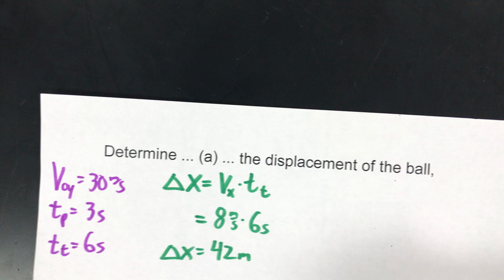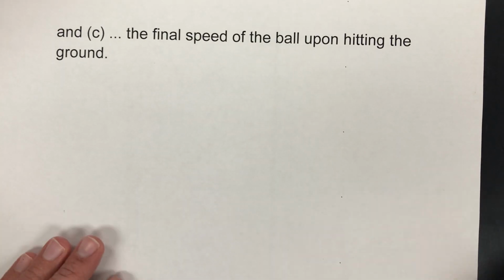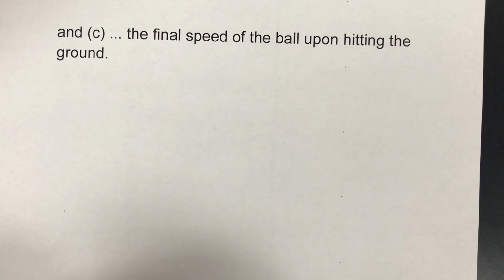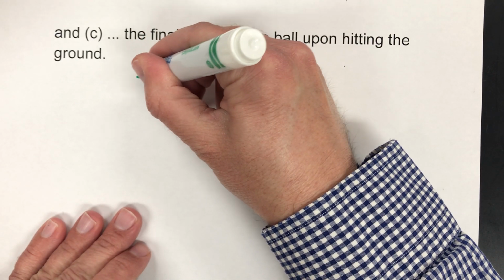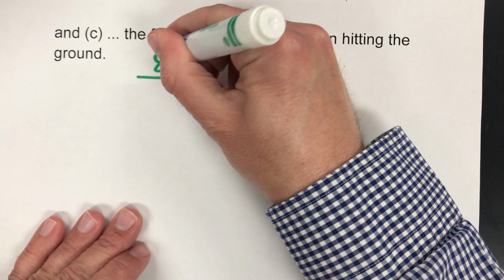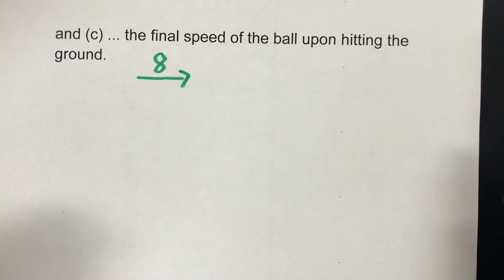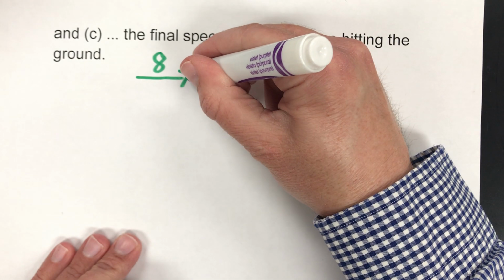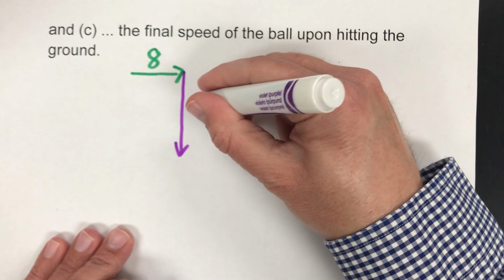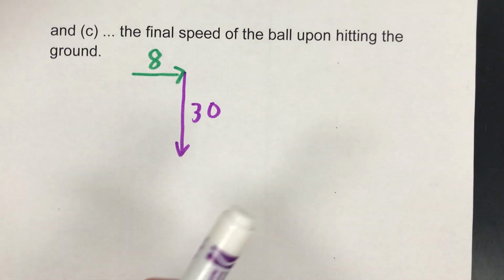Next part here on this, it says for part C, find the final speed of the ball upon hitting the ground. This confuses some people. They don't mean actually after they've hit the ground, they mean in that infinitely small moment in time as you're striking the ground. So we know we're going 8 meters per second to the side, and we know at the end we were going 30 meters per second down.